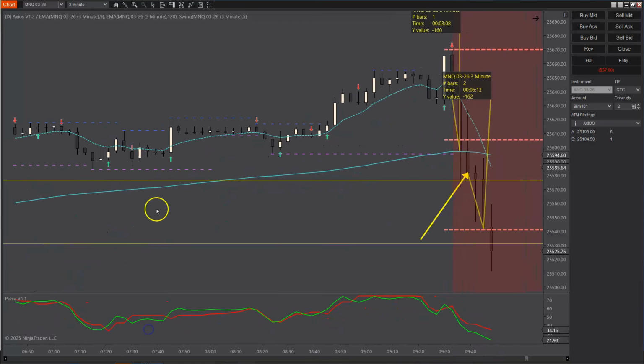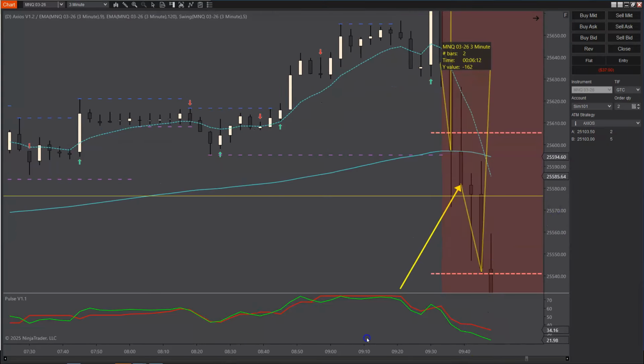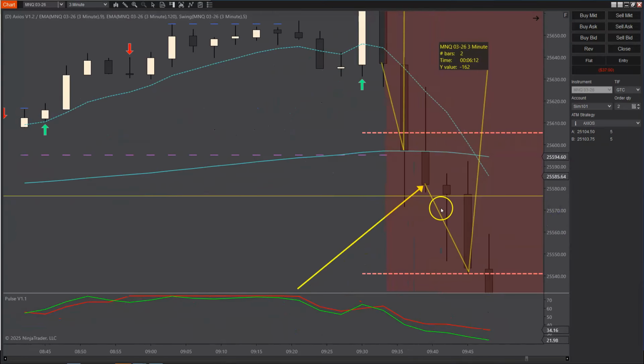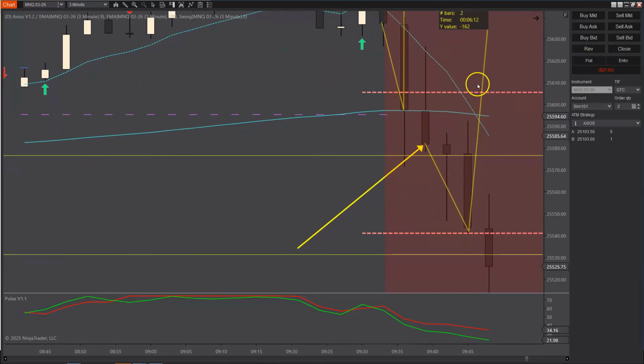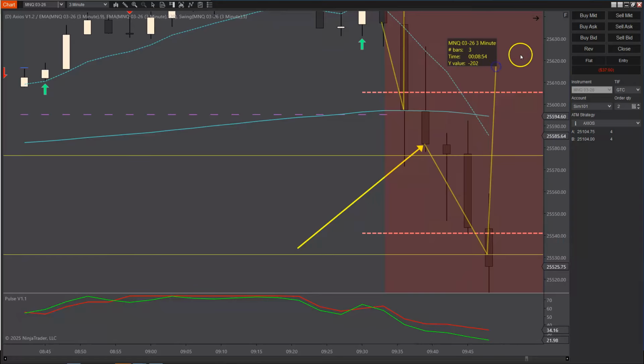And I would already have these pre-marked before I even get into this trade, or while I'm thinking about this trade. Obviously, this one's too close. 20 ticks? I don't think so. So that means that you'd have to target the nearest available swing low for 200 ticks.